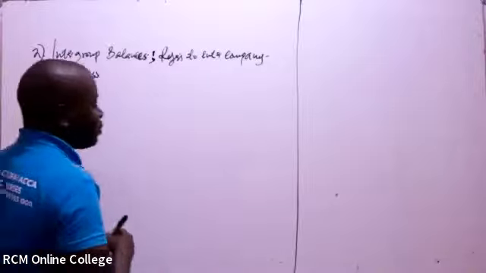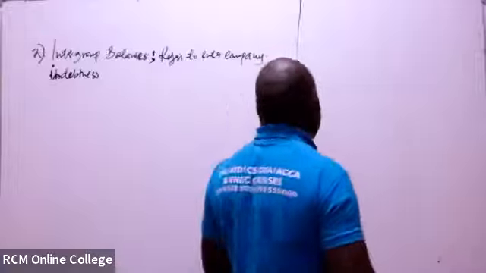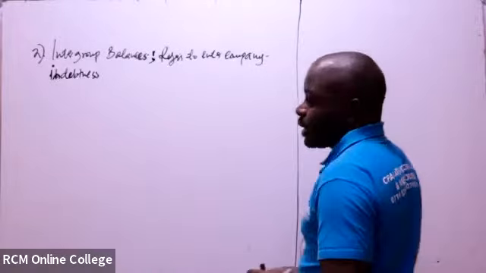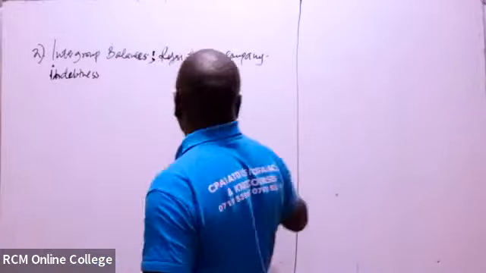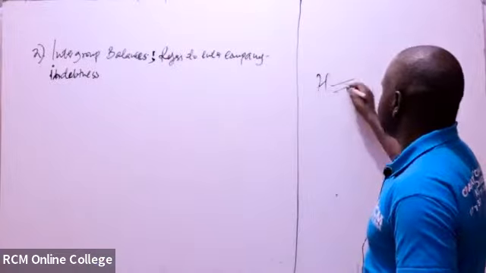It is where one of the companies is a debtor to the other, by virtue of the fact that one of the companies supplied goods to the other on credit. Like in this case, the holding company sold some goods on credit to maybe the subsidiary.